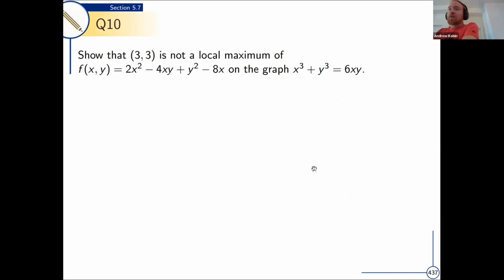We can also use the Lagrange multipliers method to show that certain points cannot be max or min values. For example, the point (3, 3) is not a local maximum of the graph f of x, y shown here, subject to the constraining equation shown here. And this is something you can work out yourself.